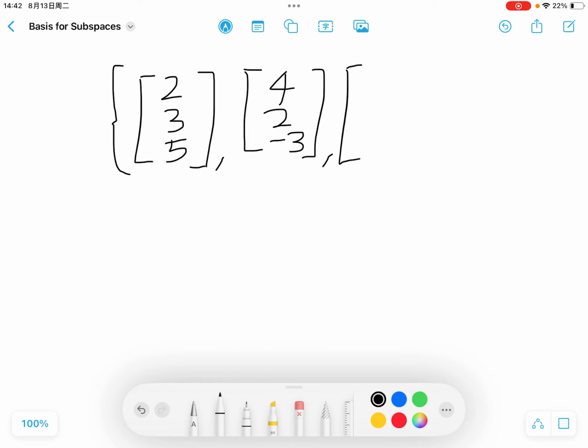And we also have (10, 7, -1). So we're tempted to answer yes, because it just looks like yes, right?